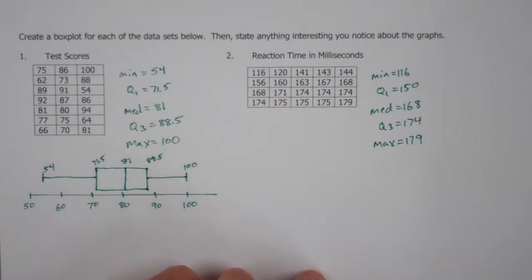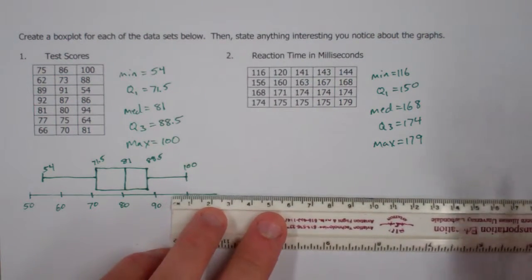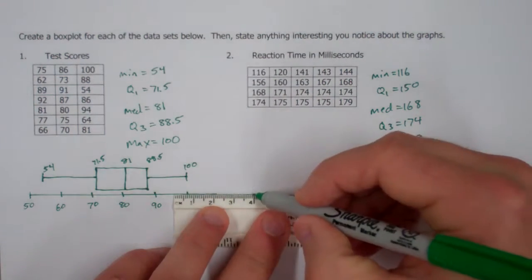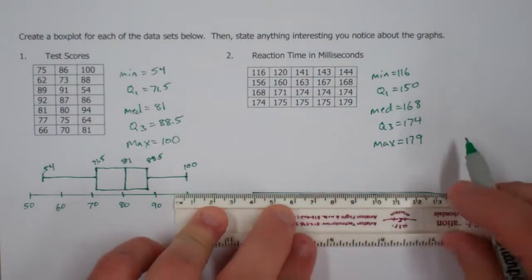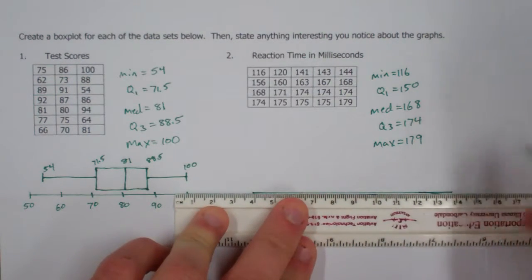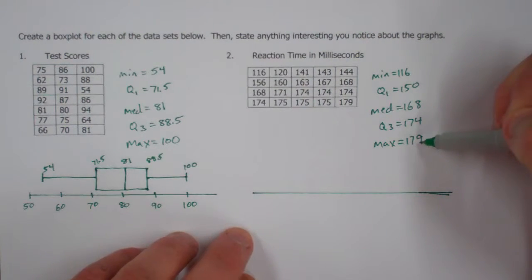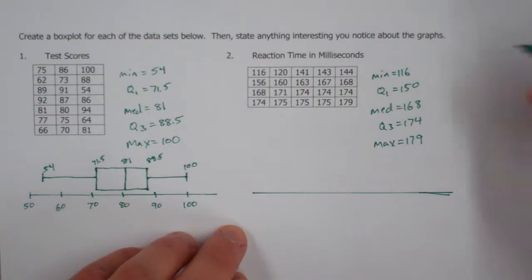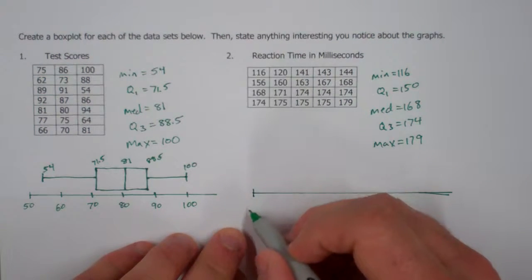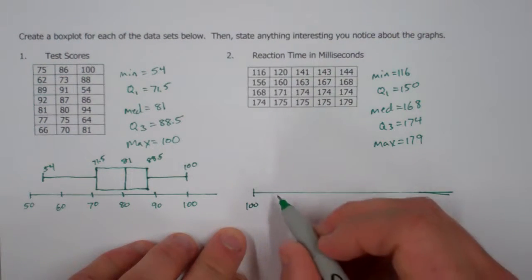To draw the box plot, we're going to draw another scale. Oops, got a little shift there on the ruler. There we go. The minimum is 116, the max is 179, so maybe 100 to 200 would be good. So there's 100.